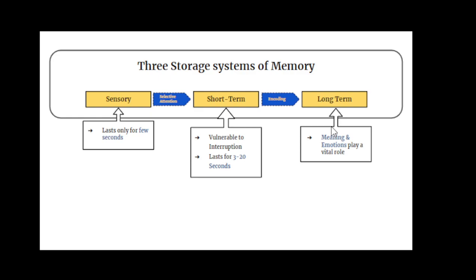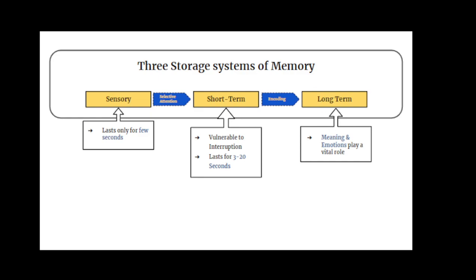For example, if you are learning some chapter from cognitive psychology or some specific topic, then you might remember it very well if you not only read and understand it, but also try to explain it to other people, or discuss that topic with many different people. That will help your long-term memory. So this can be used as a hack to remember things during exams, or understand things in general.